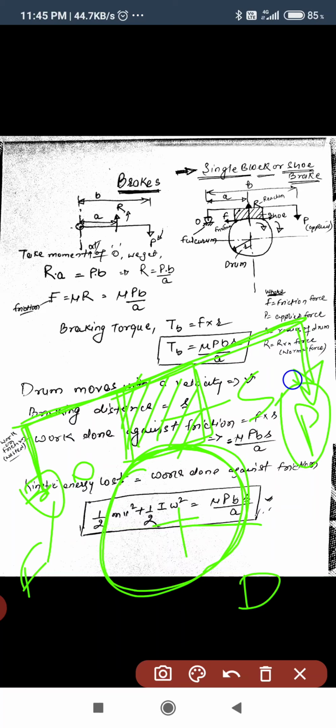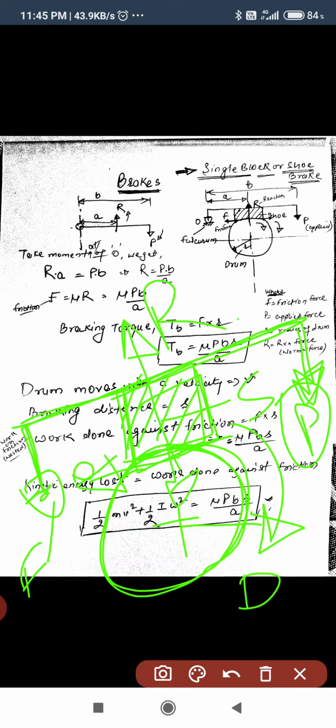So how will it work? When I apply this pressure, this effort, on the shoe against the drum, there is a reaction R. When the drum rotates clockwise, the frictional force acts opposite to it in this direction, and passes from point O, that is the fulcrum. There are 2-3 cases: the fulcrum is below this line of action of friction, or above it.